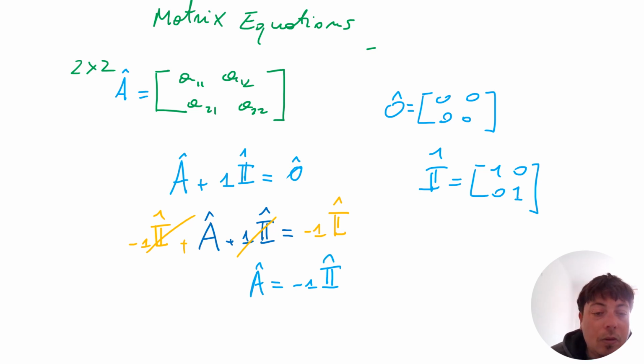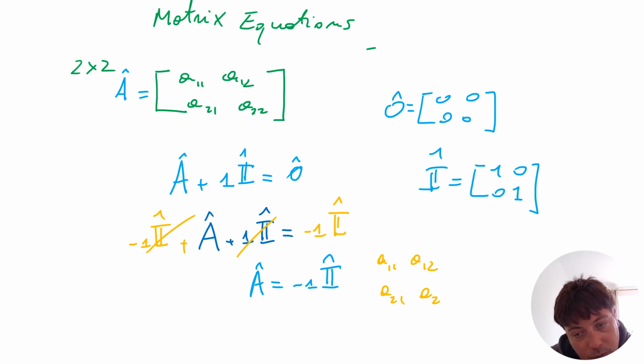Now, we need to go element by element. Technically, we need to solve this equation, as I will tell you in a sec, but let's do it the easy way. The easy way is just to look at the numbers a11, a12, a21, a22.